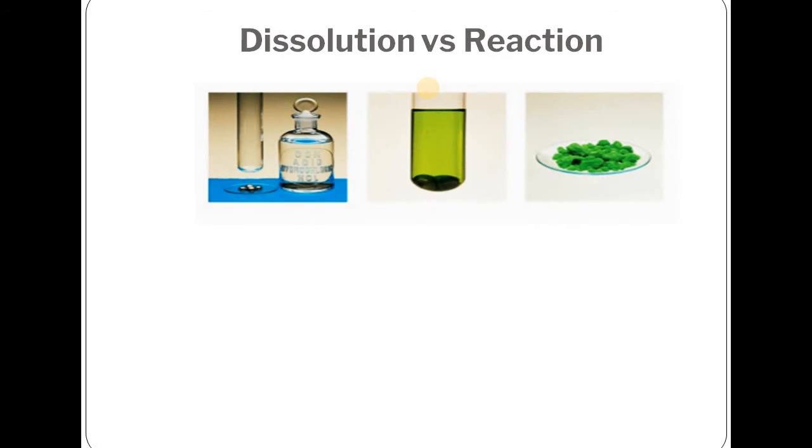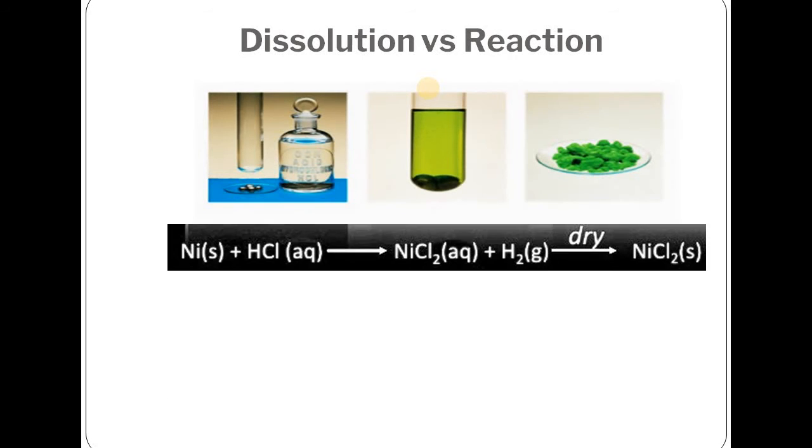Now the next topic is comparison between dissolution and reaction. How can we differentiate whether it is a dissolution process or a reaction? Here we are taking an example. Nickel has been dissolved in hydrogen chloride and we get the formation of nickel dichloride and hydrogen.